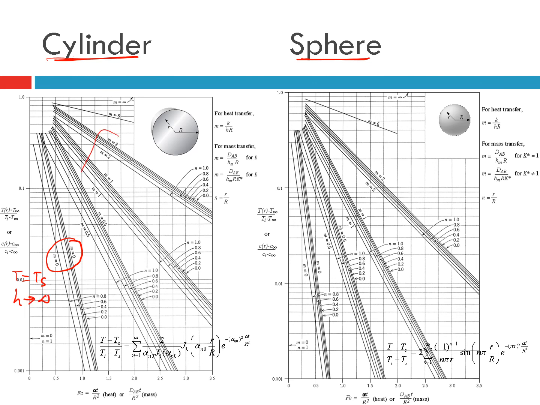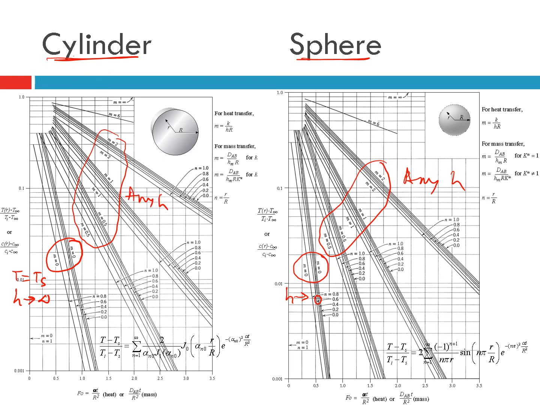Otherwise, you calculate the m and then use the corresponding set of lines. And you do the same thing for the sphere. This is for h goes to infinity, and then these are for any h.